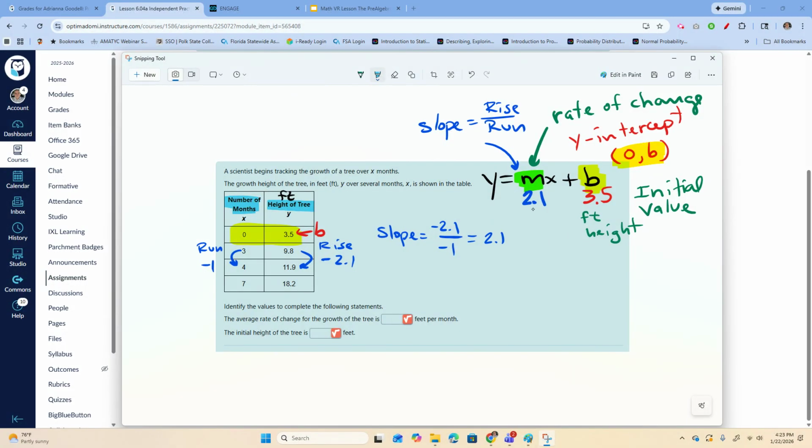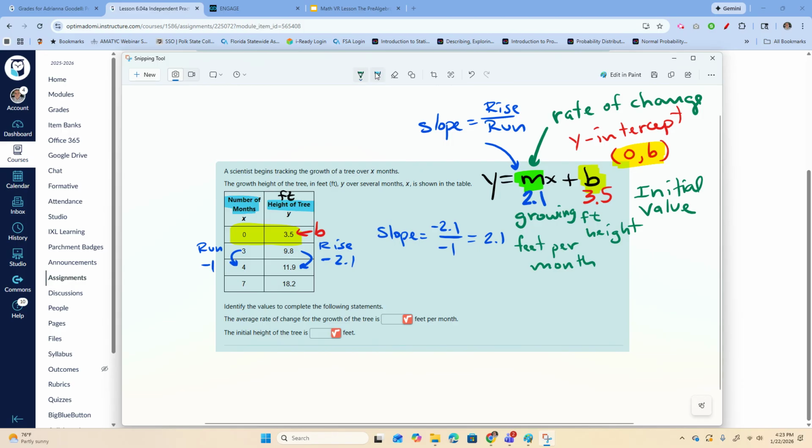Why growing? Because the number is positive. In other words, every month the tree grows 2.1 feet.